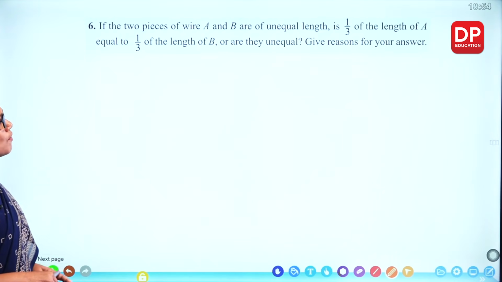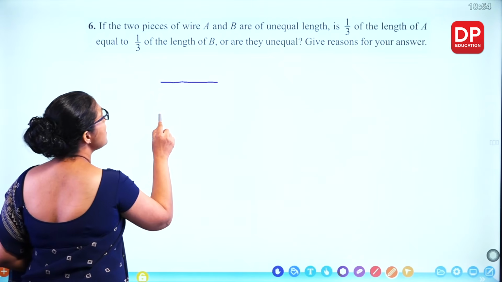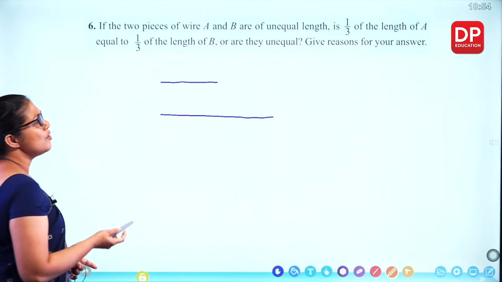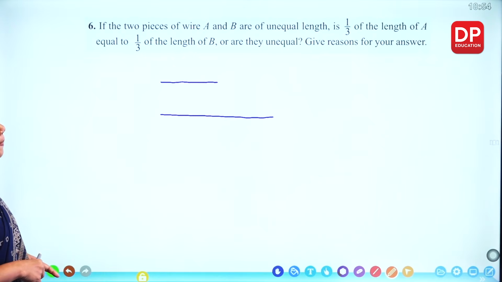If the two pieces of wire A and B are of unequal lengths. Okay, we'll take two wires. Unequal length means not equal. So you can draw two different lines, not the same size.